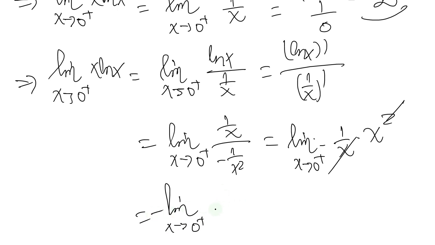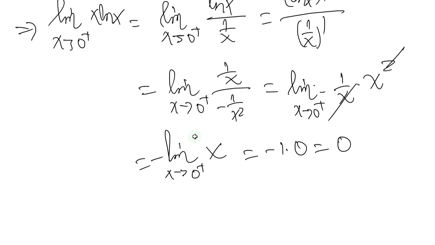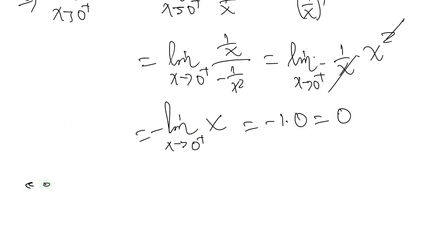So we're gonna have then x here, right? And applying here, we're gonna have negative 1 times 0, and this is 0. So this limit here is 0. So therefore the limit as x goes to 0 plus of x ln of x is equal to 0.